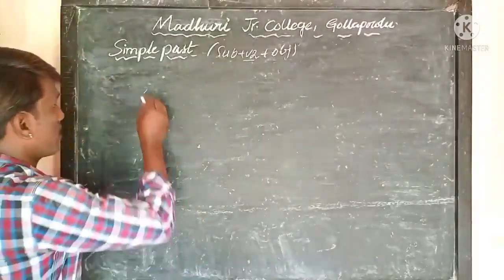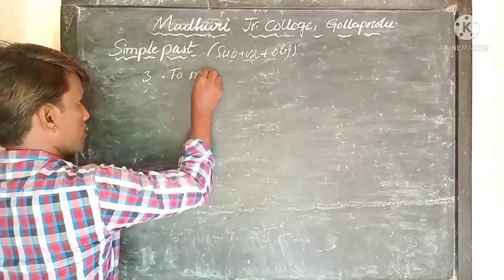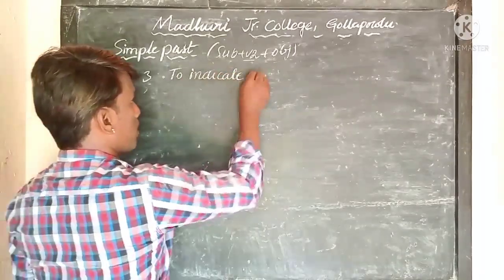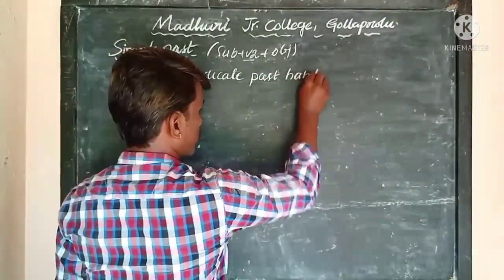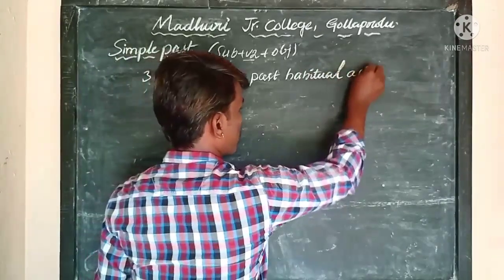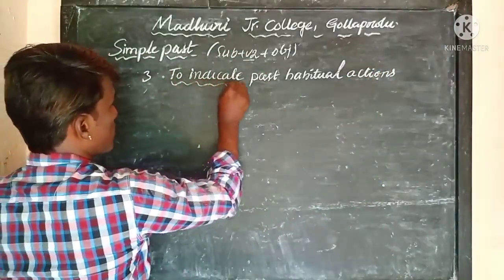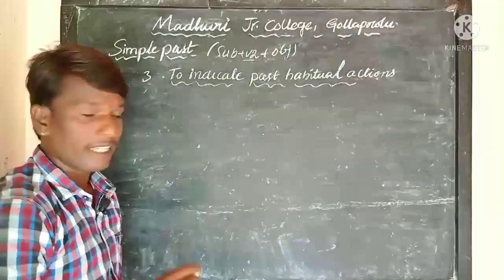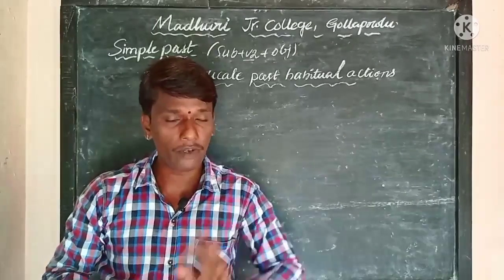The next use is to indicate past habitual actions. So this is also very important. We use simple past tense to indicate past habitual actions. What does the phrase past habitual actions mean?